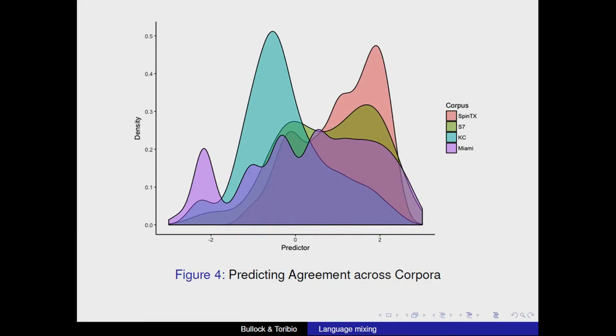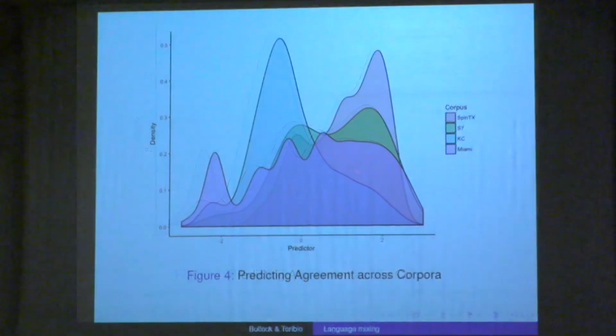Here's just another pretty picture. These are the predictor variables. And what you see is that we've got spin text, which we know is pretty much monolingual Spanish. So for spin text, there's a lot of agreement. All of our predictor variables show that you can easily classify a matrix language for spin text. You cannot classify a matrix language for killer chronicas that Jacqueline read to you. It's kind of impossible.